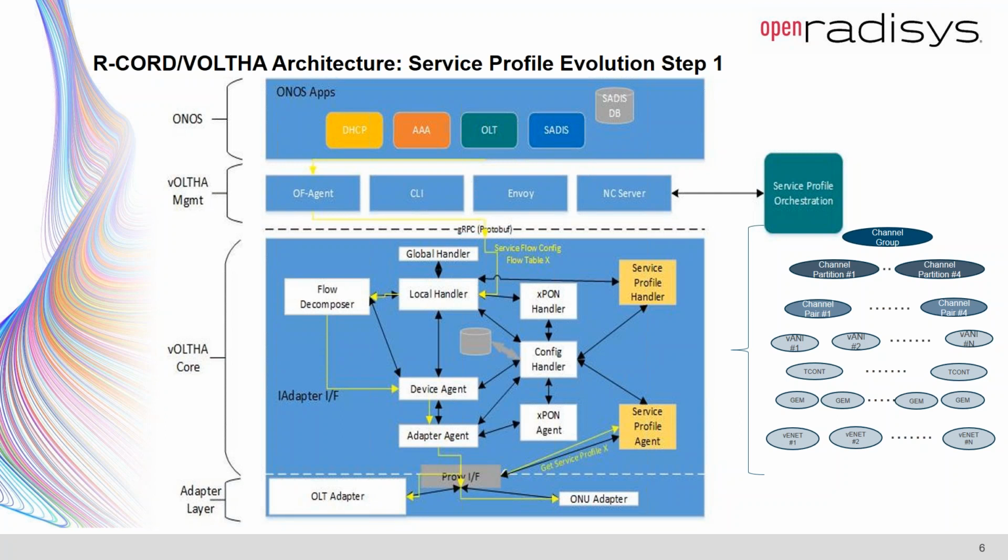But that's more of a future thing. For right now, I guess it's okay to have an OLT adapter in the adapter layer allocate those TC layer attributes because they don't need to be shared anywhere, except between the OLT and the ONU. So there still needs to be a way to tell the ONU what the alloc ID and the port IDs are for any given particular service.